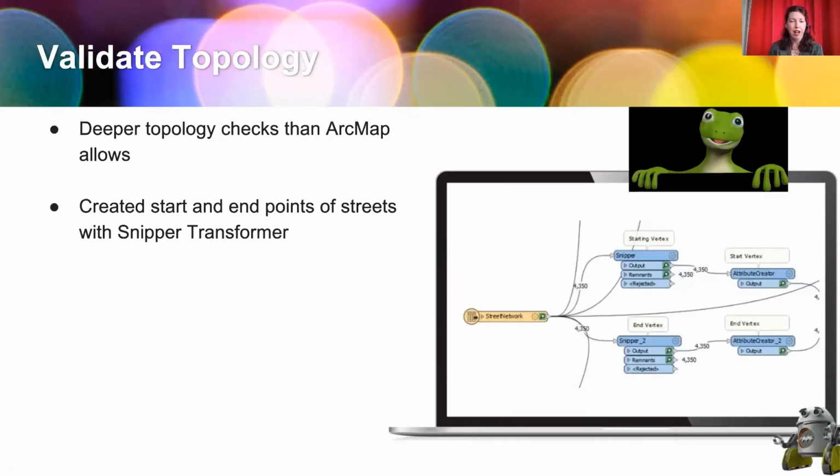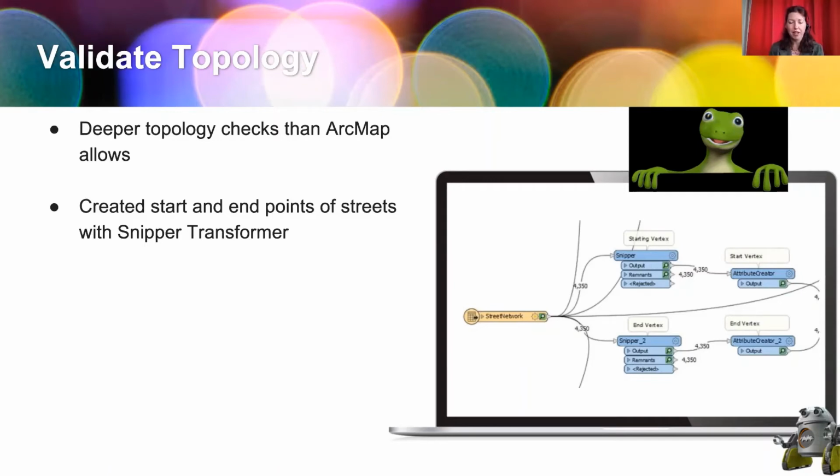This part to validate topology is perhaps a little clunky and requires a bit more manual revision, but it has allowed us to identify a few topology issues that were previously missed by our topology checks using simply ArcMap.